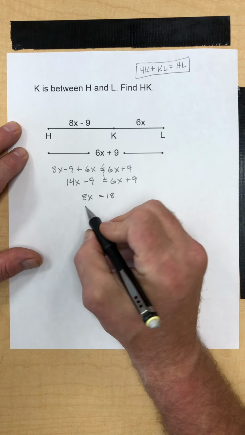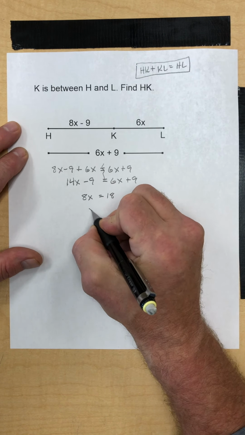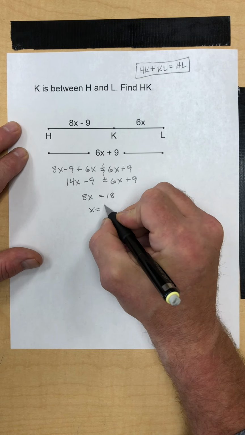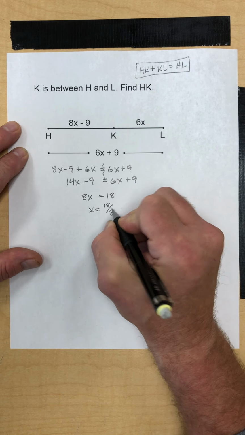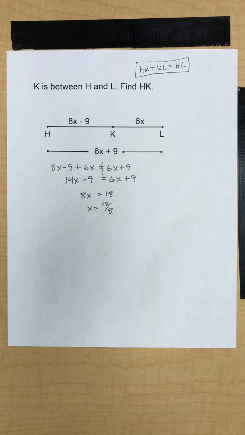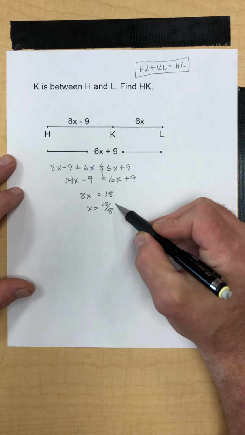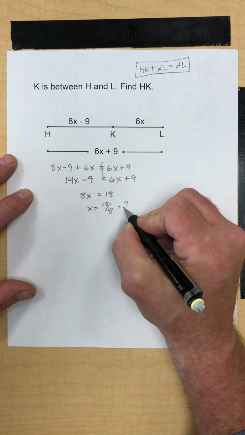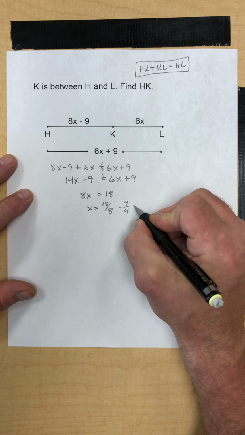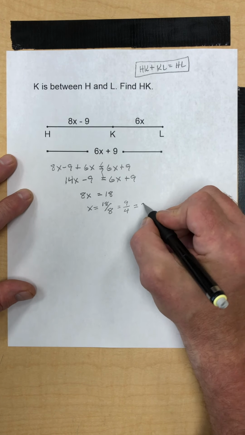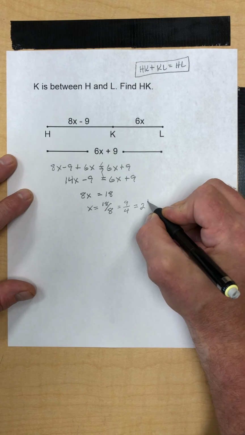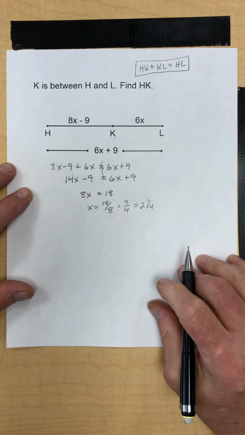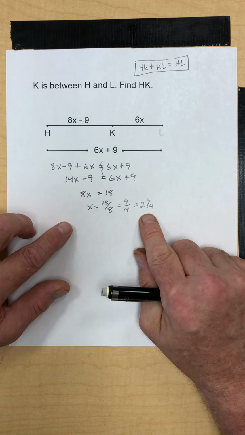And so I'd have to divide both sides by 8, so I get x equals 18 over 8. Now that's not a reduced fraction, so if I reduce it by dividing both of them by 2, I'm going to get 9/4. Now 9/4 is the same as 2 and 1/4. So it looks like x is going to be 2 and 1/4.